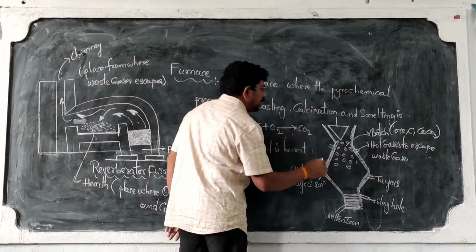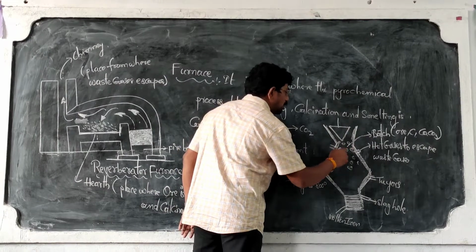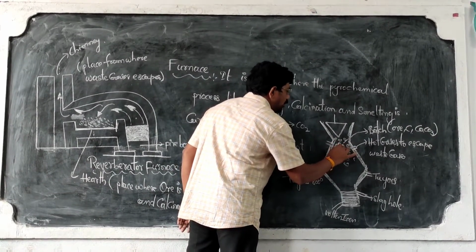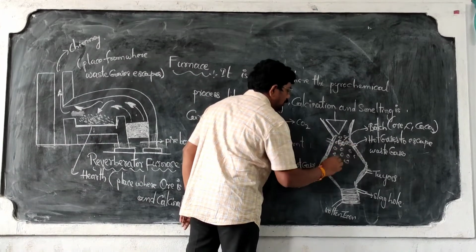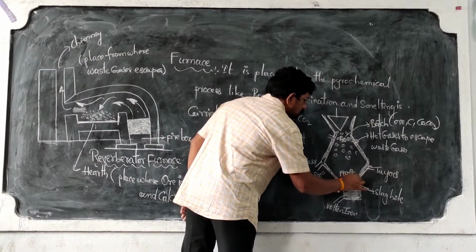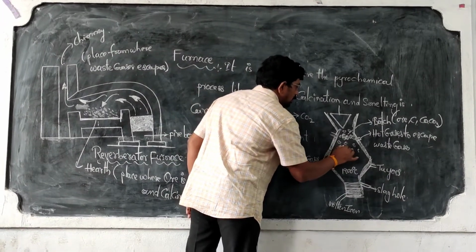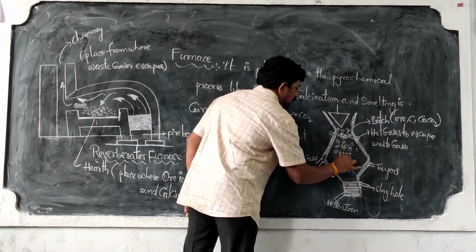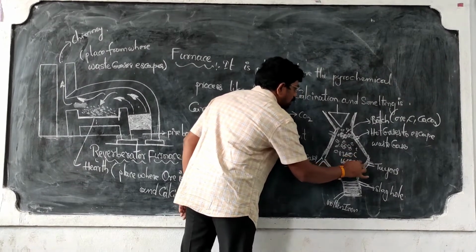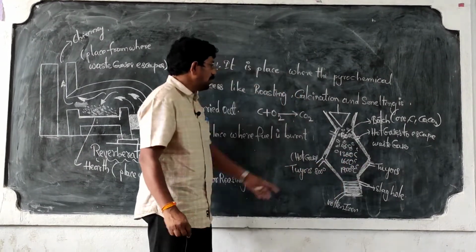So it is maintained at different temperatures. In your textbook 1000 to 2000, but in the standard textbook it is given from 500 or 750 to whatever it may be, 1900 degrees centigrade. Next 1000, 1300 and 1600, these are the different temperatures of the furnace.